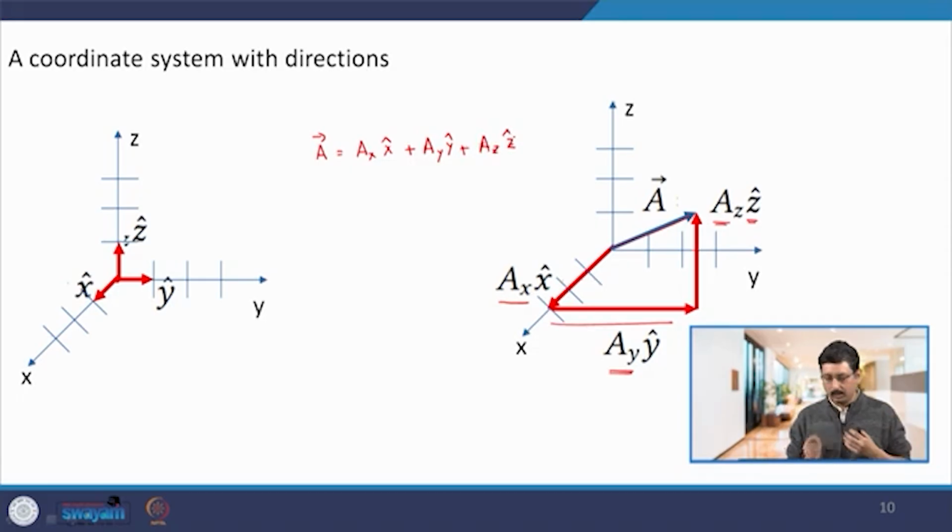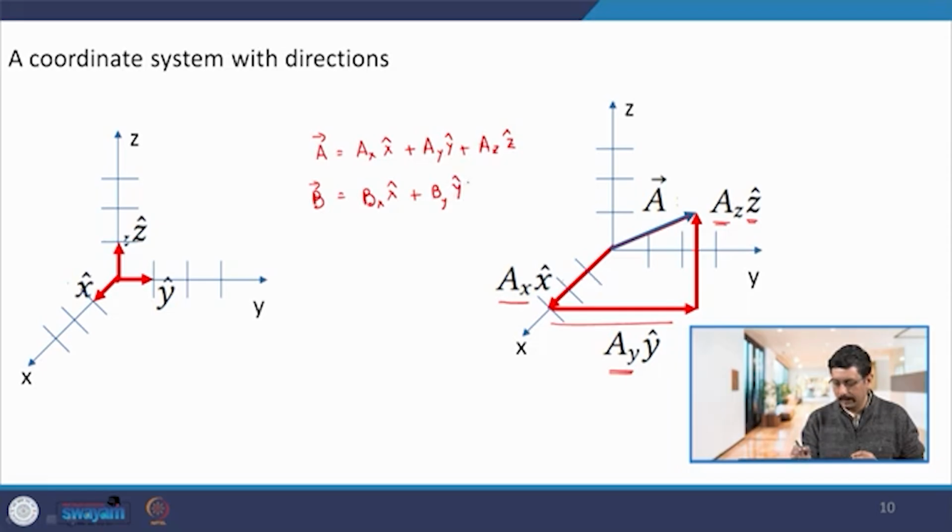Now it is easy to show, suppose I have another vector B, and let us say this vector B is the sum of three pieces: Bx times x hat, By along the y direction and Bz along the z direction. Then what is the sum A plus B?